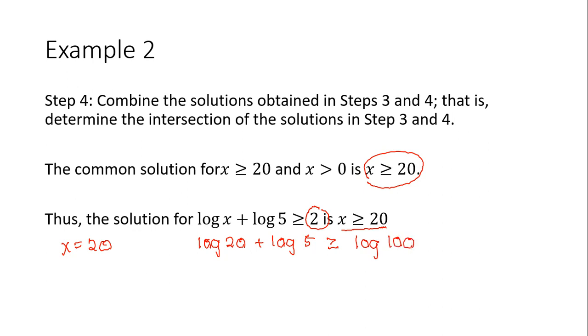Yung ginawa po natin kanina. So addition, so that will be product rule. So 20 times 5, we have 100. So logarithm of 100 is greater than or equal to logarithm of 100. So the statement is true. So ibig sabihin nun, the value of x na nakuha natin, the part of that solution is correct.